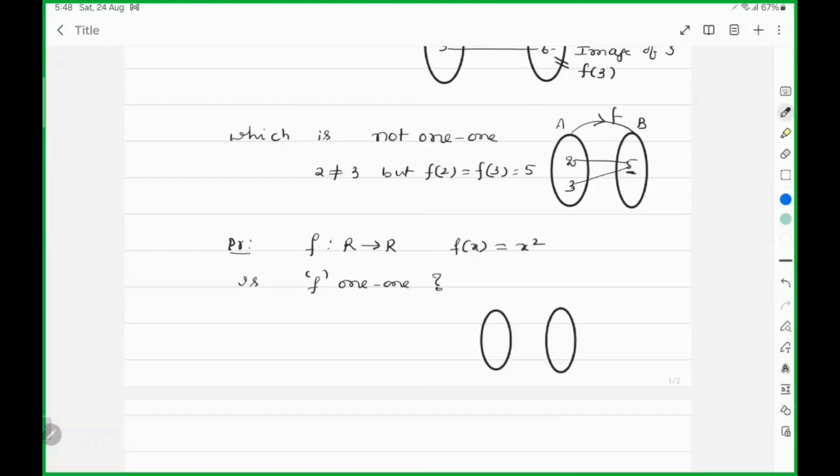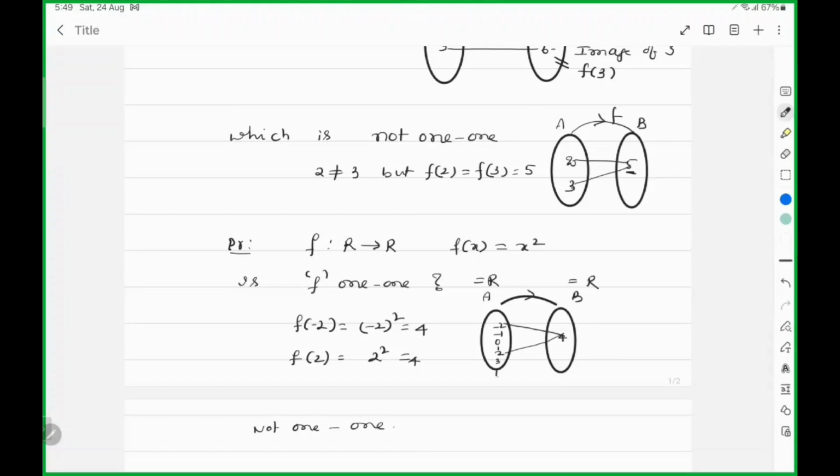Here A is real numbers, B is also real. Real numbers include negative numbers and positive numbers. So f of minus 2 and f of 2 both give 4. For two distinct elements, we have the same image. So this function is not one-one.